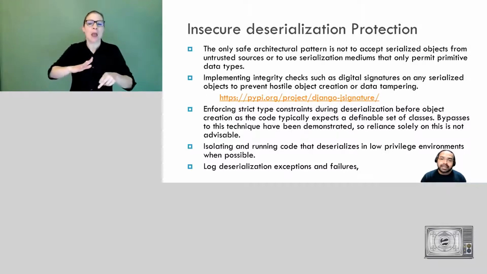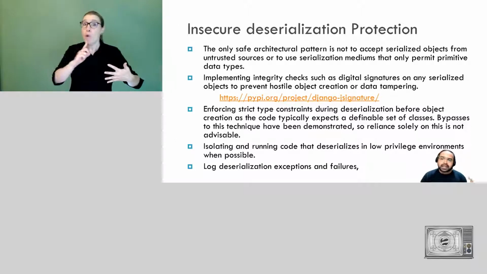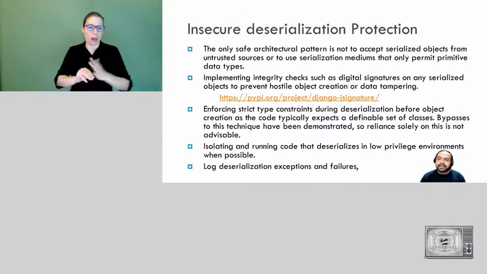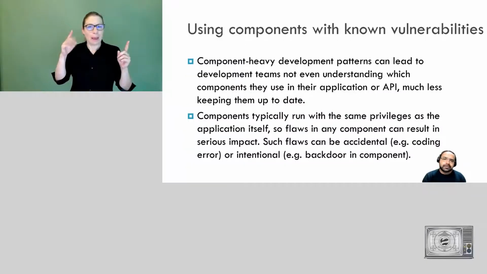You can implement integrity checks using digital signatures, and for that, Django provides the JSignature module. Then isolate and run the code that deserializes in low privilege environments, so you can run it in a kind of sandbox. Then log deserialization exceptions and failures.